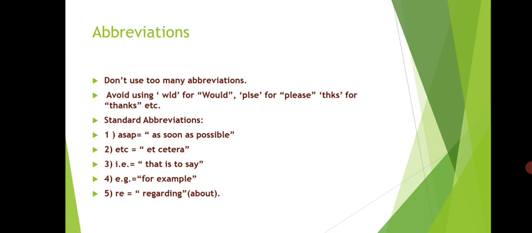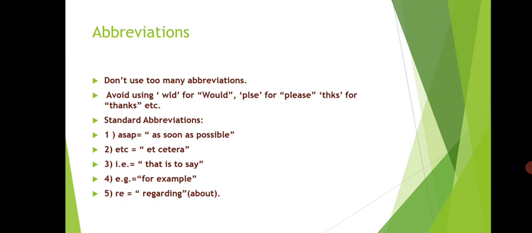Then abbreviations. Some email writers abbreviate as much as possible, which makes it difficult for the recipient to understand what they are writing. So one thing you have to remember is, don't use too many abbreviations.